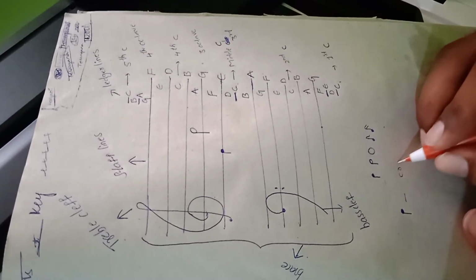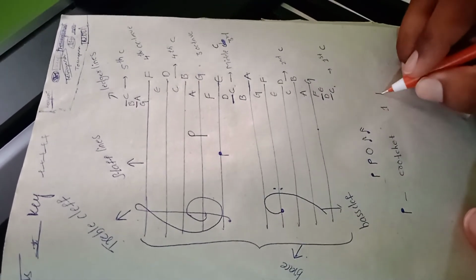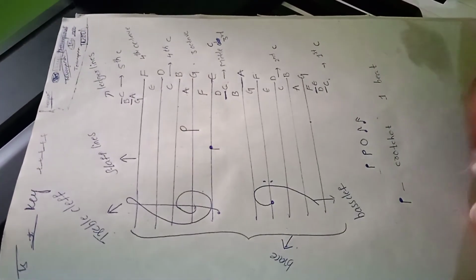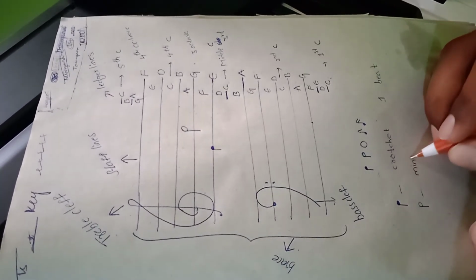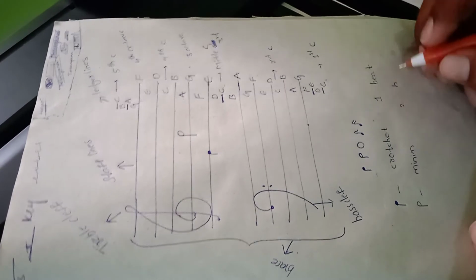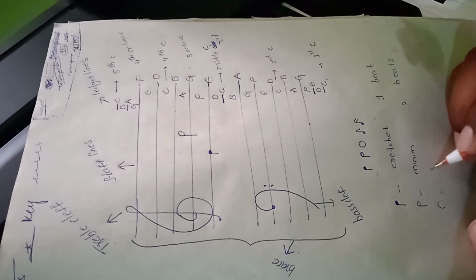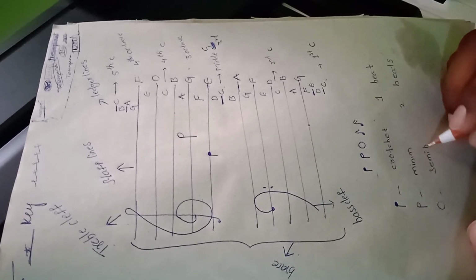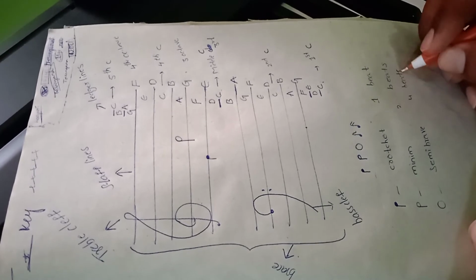This is crotchet, one beat. And this is minim, two beats. This is semi breve, four beats.